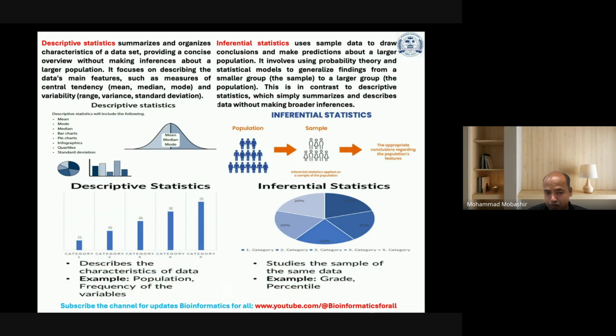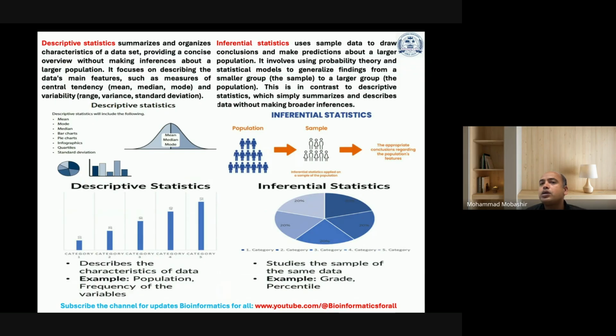Now if you want to go for inferential statistics, which is also simple, there are some in-depth applications. It uses sample data to draw conclusions and make predictions about a larger population, which involves using probability theory and statistical models to generalize findings from a smaller group to a larger group.